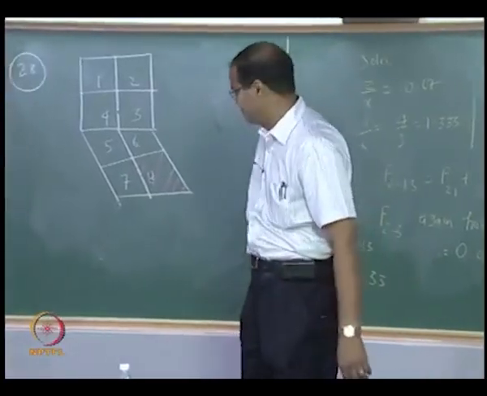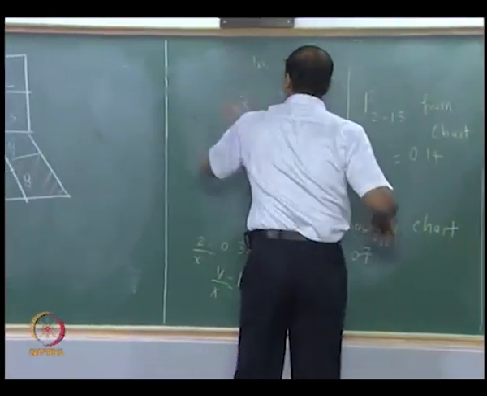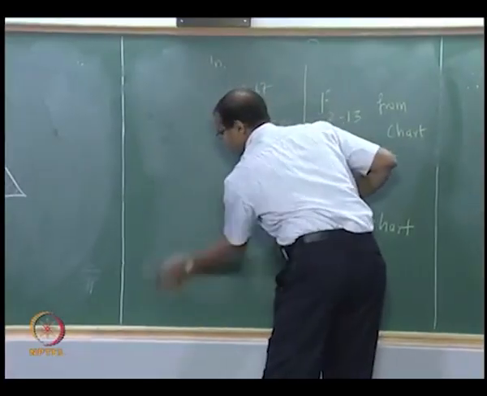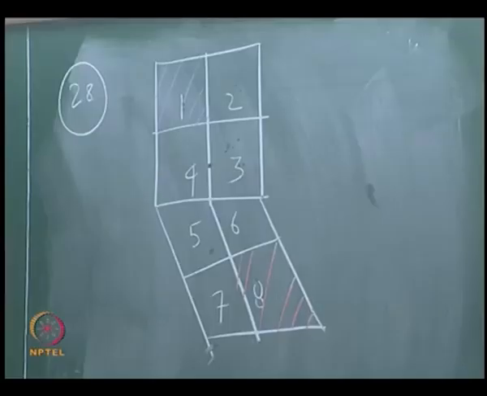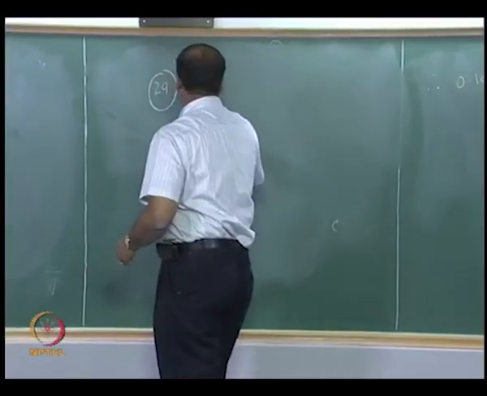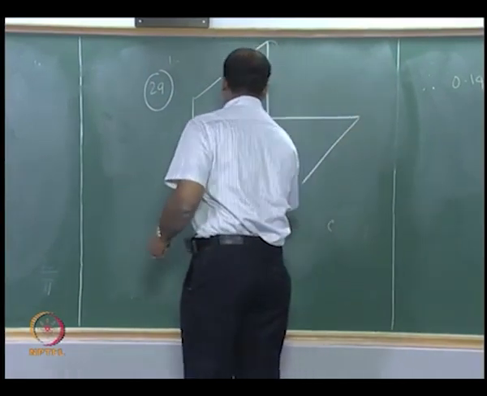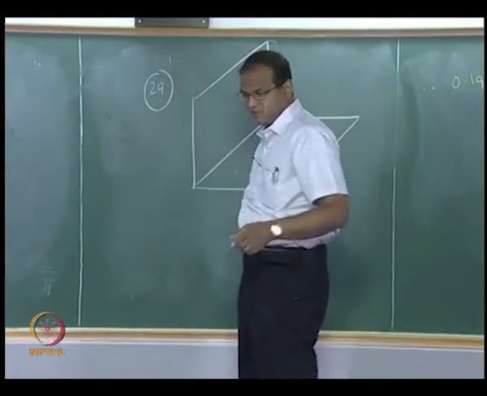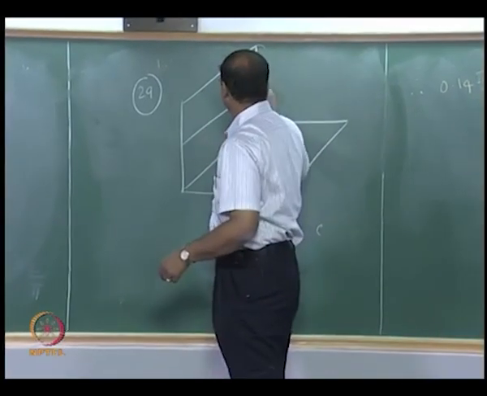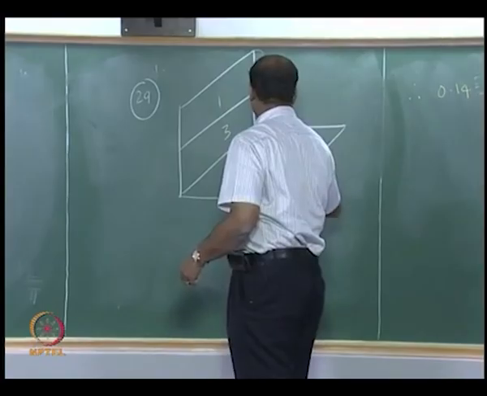We will solve one more problem on view factors, but maybe I will reserve it for the next class. So I will give something more decent. So what did I put? Okay, 1, 3, 2, 4.